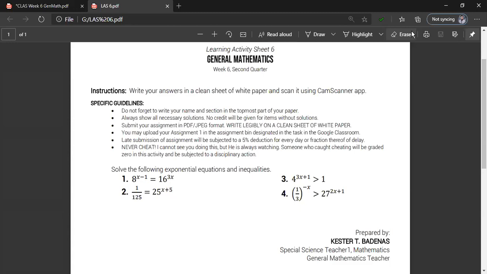Kasi di natin masabi, kunwari pinasa nyo kay Sir Ram, tapos nawala, o wala kayong backup copy. Di ba? So, ang gagawin ninyo, picturean nyo yung answer. Dapat meron kayong backup copy if you want to pass yung ating learning activity sheet.